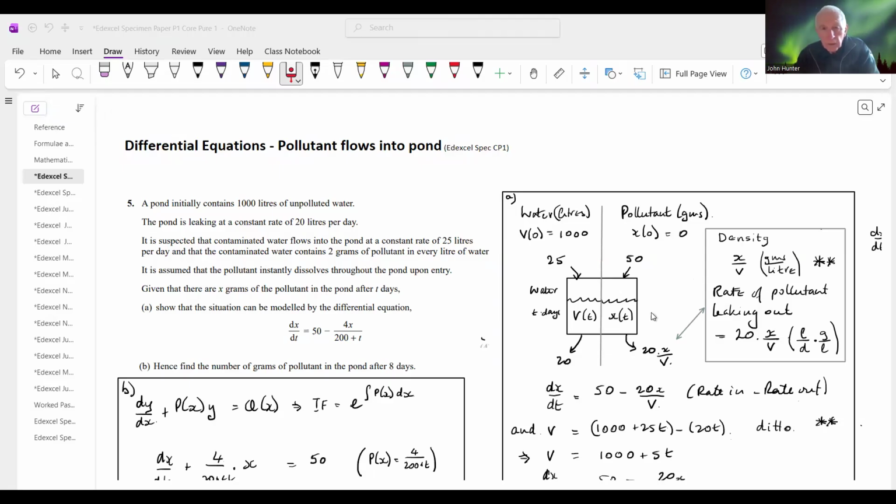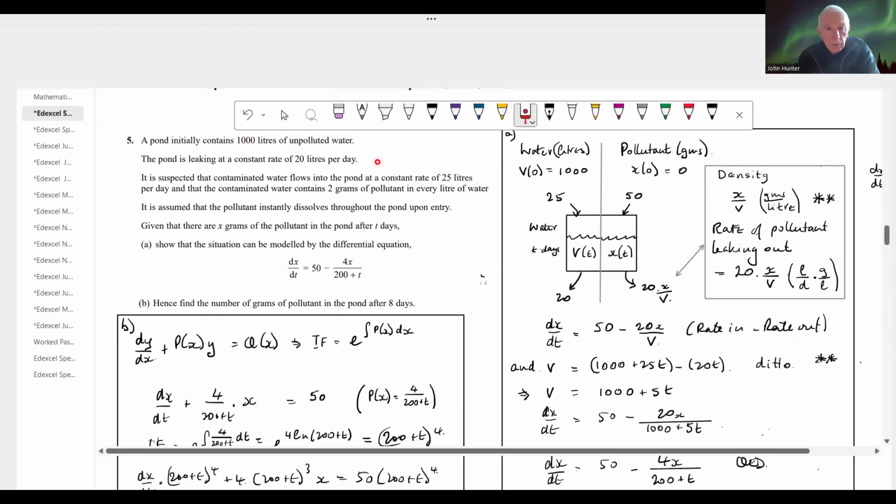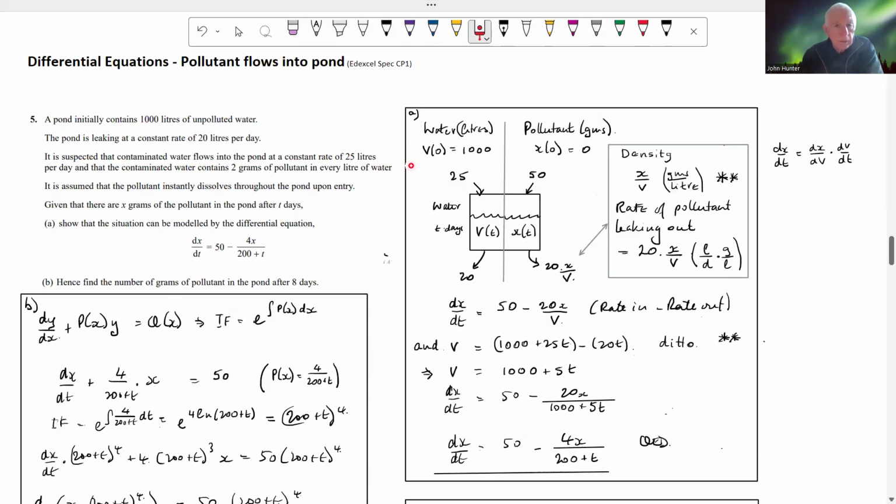Okay, we've got a further maths differential equation problem here. Let's just go full screen, which is quite a tricky problem. This is actually from the Excel specimen paper, but it's quite a good model for the sort of problem that you can get in further maths.